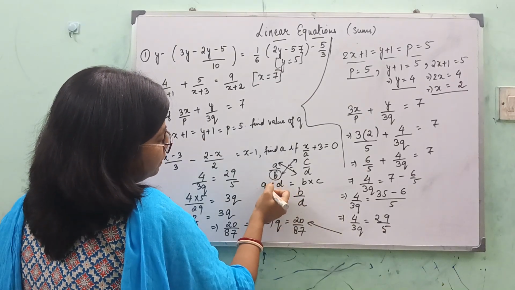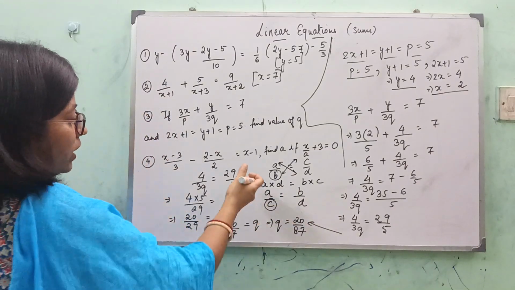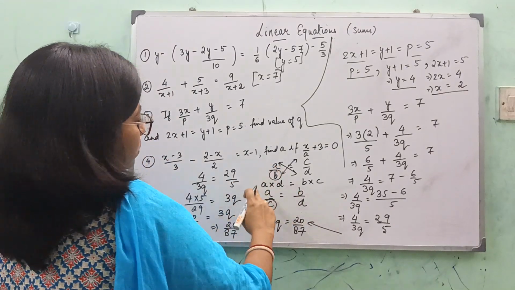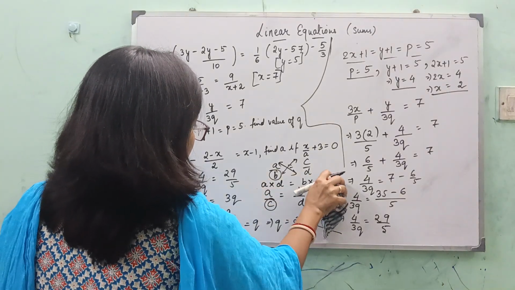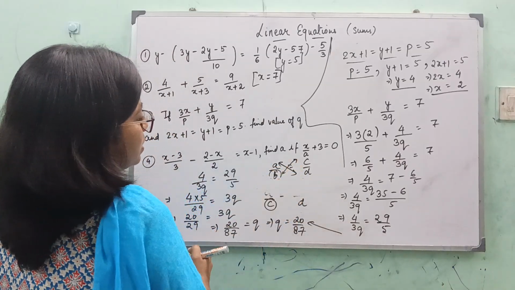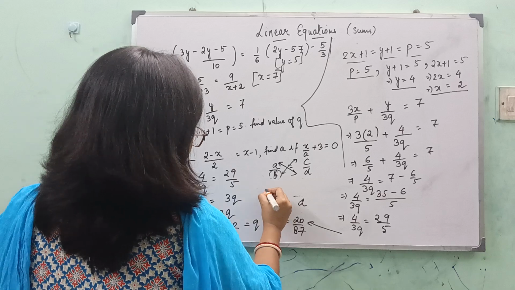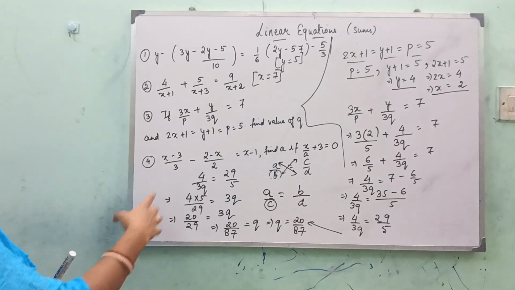D is in multiplication with A. D taken to the other side becomes a division over here. So A by C is equal to B by D. So that means we can alter the positions in this way. Okay, so here is the step: A by B is equal to C by D means A by C equals B by D. That is what we have used over here.